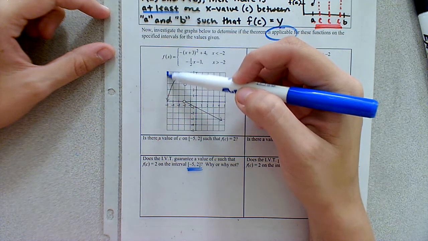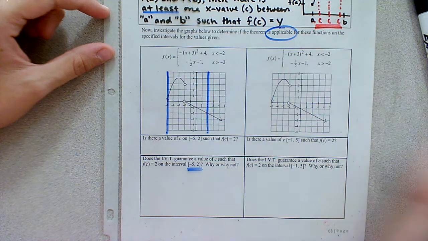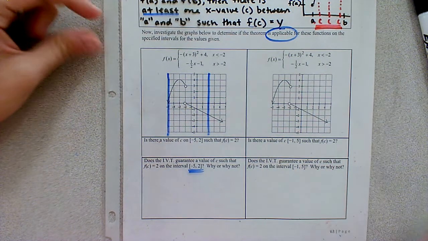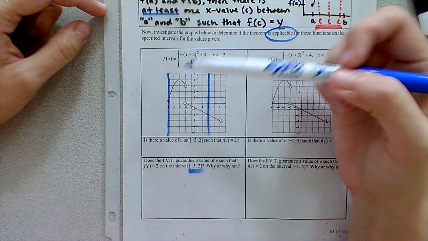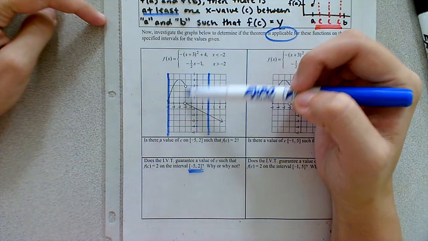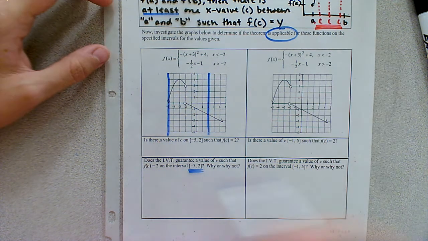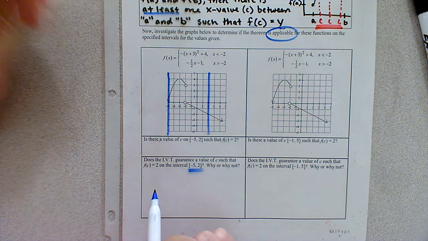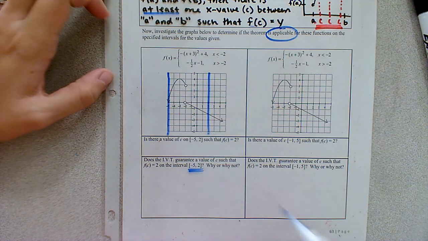So on your graph, if you only look at the interval from -5 to 2, we have to ask ourselves the two questions. Is the graph continuous on that interval? Well, if you take a look at the graph, clearly it's not, because we have this jump going on and open circles as well. So since it is not continuous, we cannot use the intermediate value theorem since continuity was a condition.